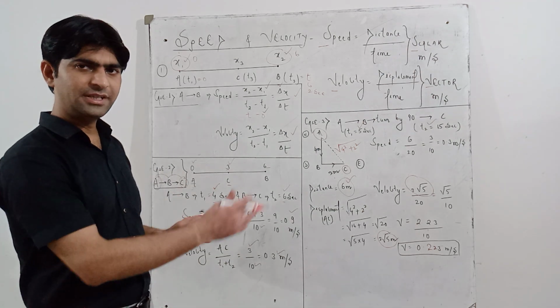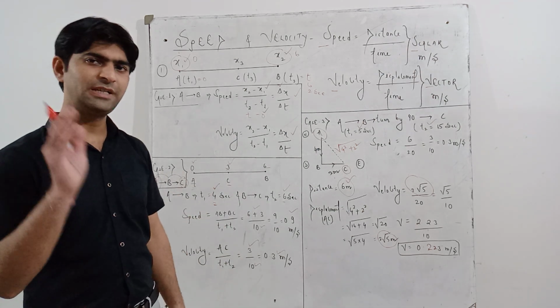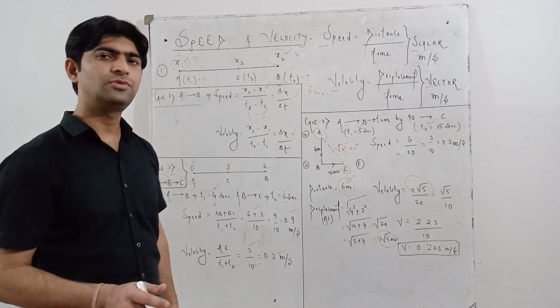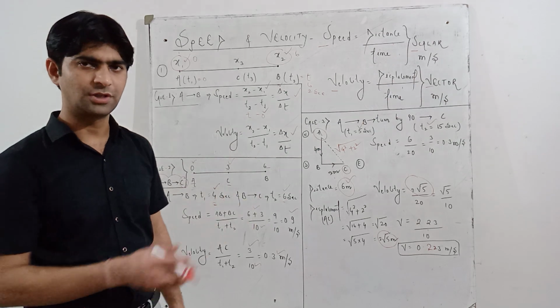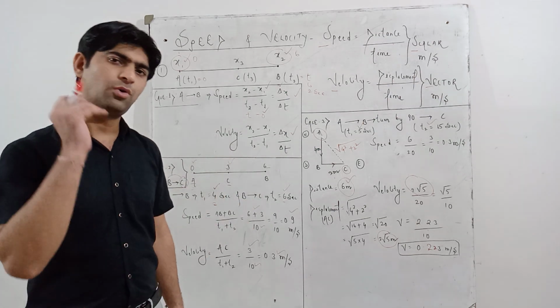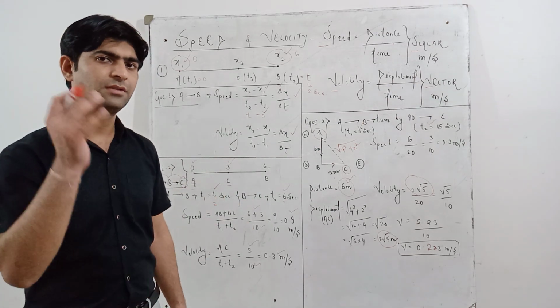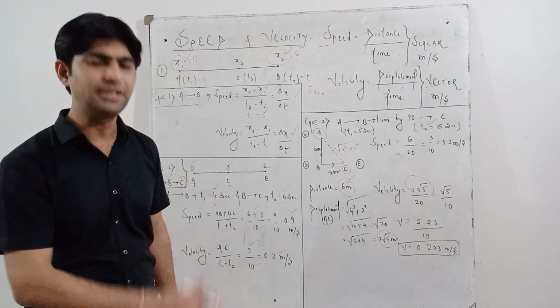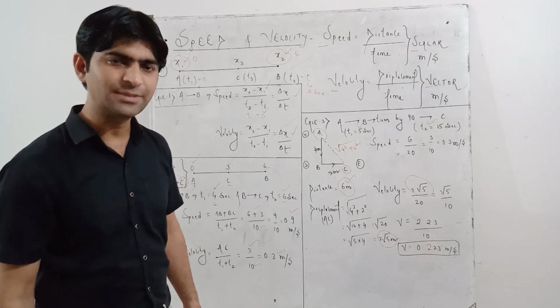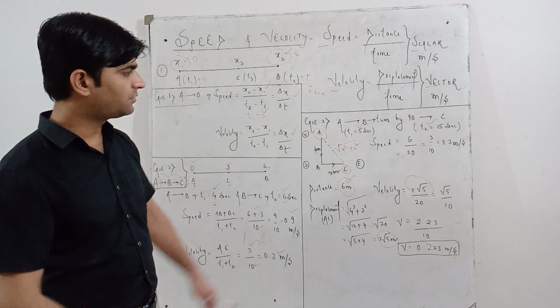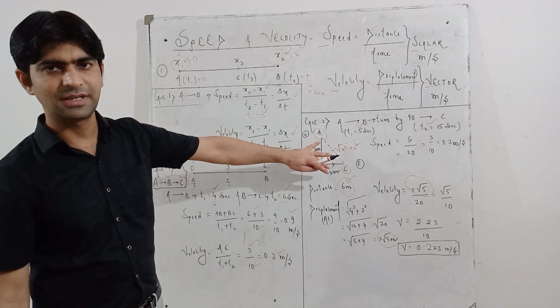Okay, so from these three cases, this is very much clear that speed can be equal to velocity in magnitude for a unidirectional motion, or speed will always be greater than the magnitude of velocity, similar to the case of distance and displacement.